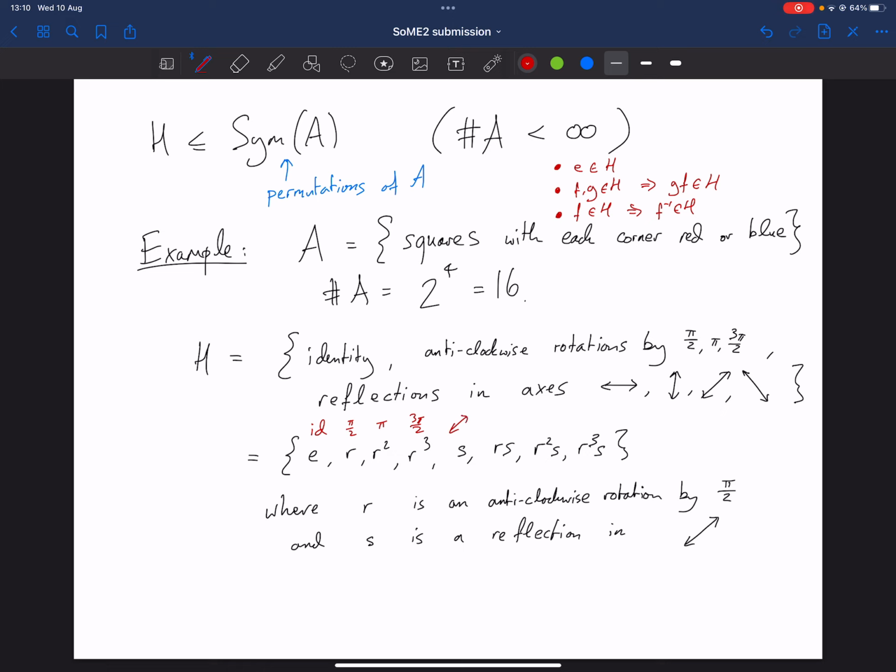This means reflect in that axis and then do a quarter turn anti-clockwise, so that's going to be the same as reflecting every square in that axis, and then this one is the same as reflecting in that axis. And finally, R cubed S, we are reflecting in that diagonal but then doing a quarter turn clockwise, which is going to be the same as reflecting our squares in that horizontal line.